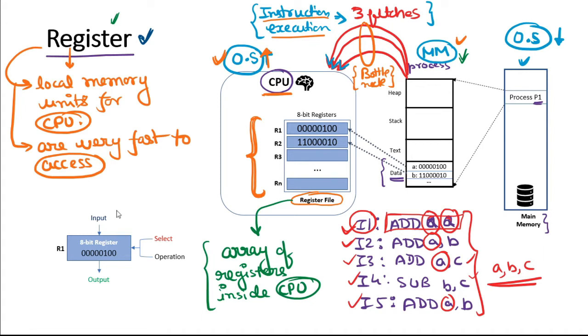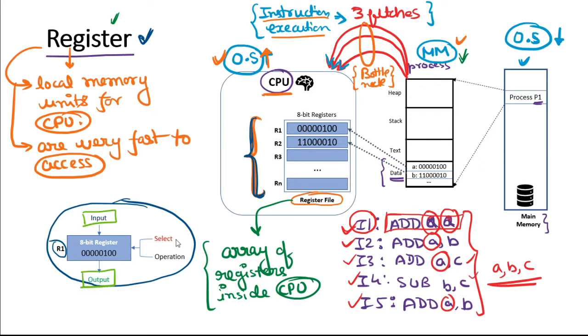So this is a logical representation of all the registers. But actually registers are not entries of an array. A register is a hardware component, so it looks something like this. This is how a register looks. A register has an input line, an output line, and two signal lines.